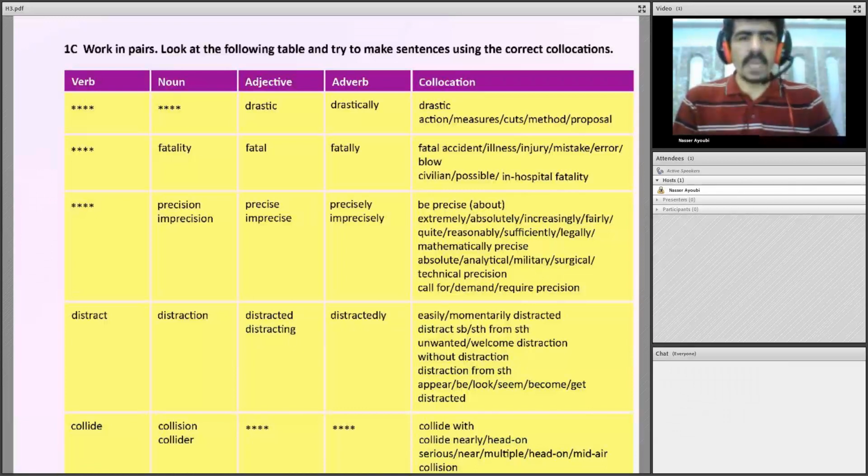Fatality, but fatal. Fatal, resulting in somebody's death. And fatally means in a way that causes death or another disastrous consequence. Collocations: fatal accidents, fatal illness, fatal injury, fatal mistake, fatal error, fatal blow.